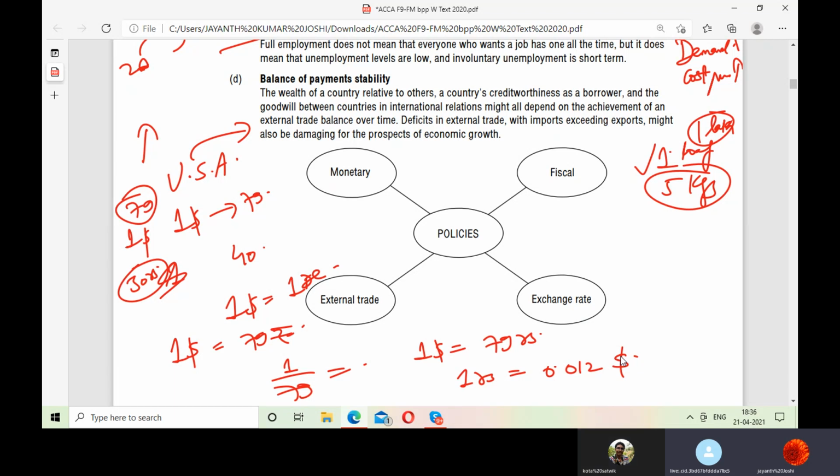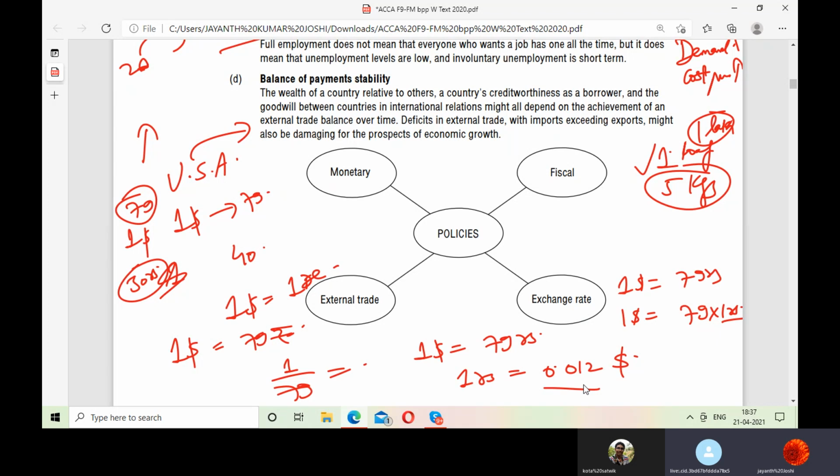So $1 is 79 rupees, and 1 rupee is 1 by 79. So you'll get this much. That is the value of the Indian currency. So do you think we are going to buy more US goods?